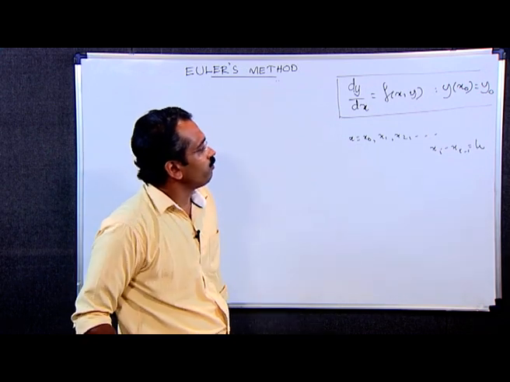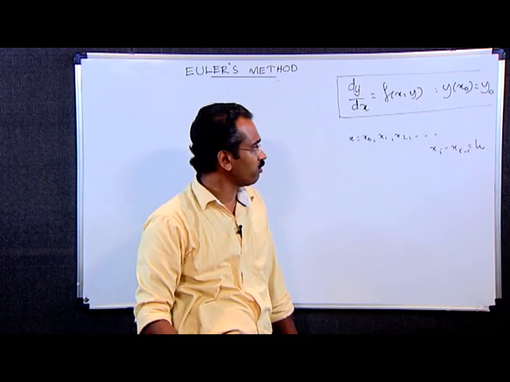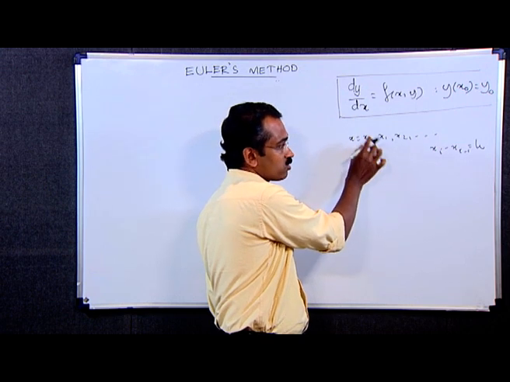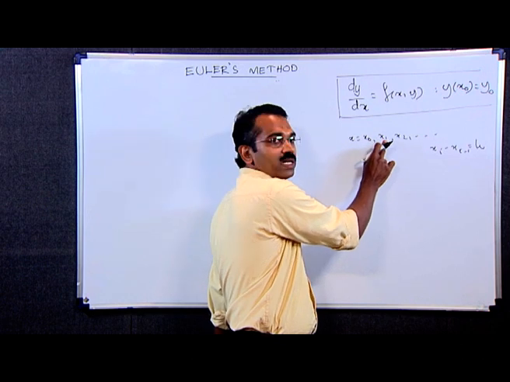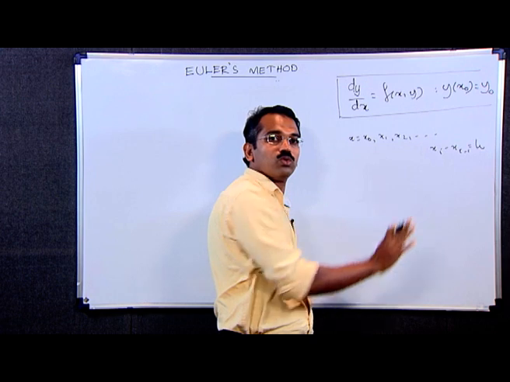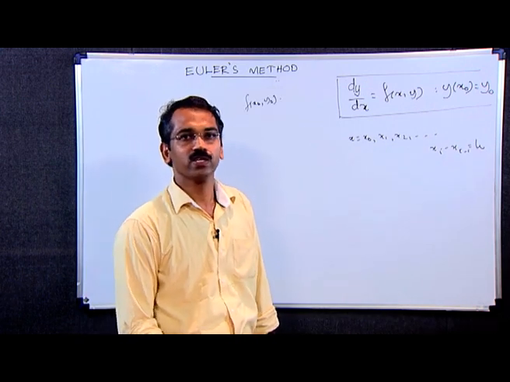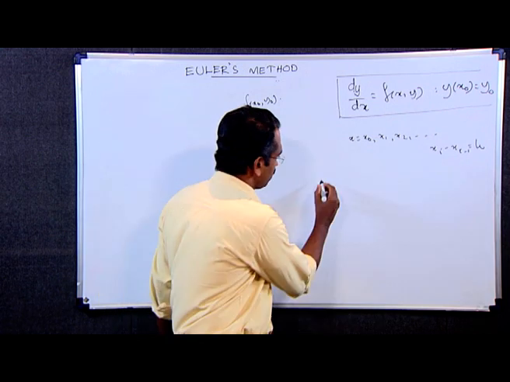Now, we want to find the corresponding values of y. As x naught and y naught are given, we want to find the value of y corresponding to x1, that is, we want to find y1, y2, etc. Let the actual solution of the differential equation be denoted by a continuous graph like this.